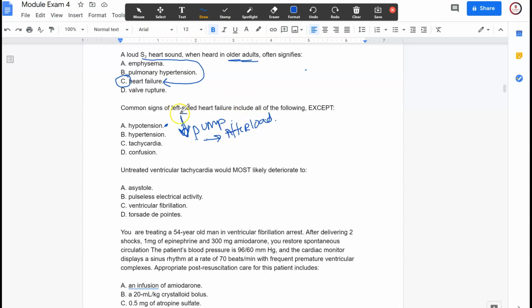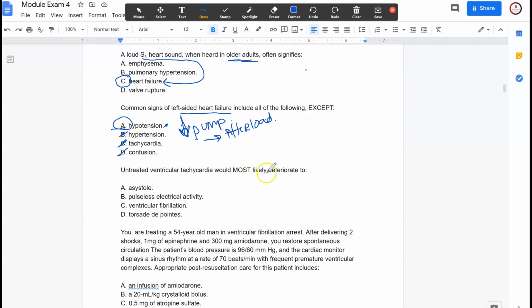And traditionally, left-sided heart failure is brought to you by hypertension. Tachycardia, again, the heart's going to have to pump harder in order to move blood around the body. Confusion, because the patient might start becoming confused secondary to decreased pumping action. So your best answer is hypotension.